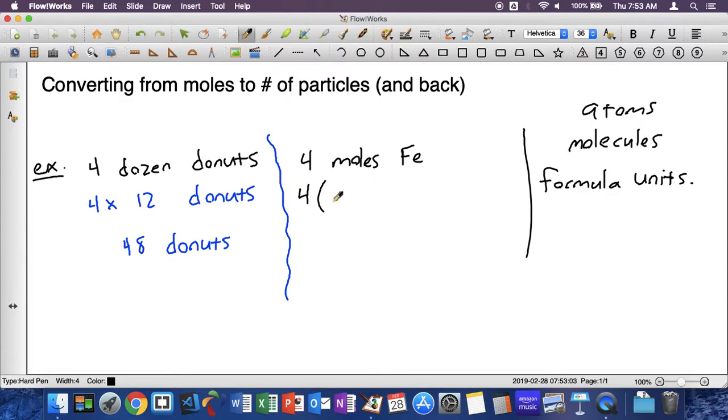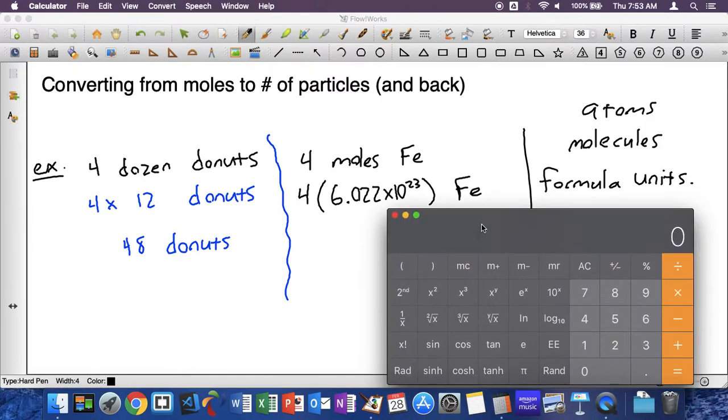We would take 4 times the number for a mole, which is 6.022 times 10 to the 23rd. This is Avogadro's number. And once we punch that into our calculator, that'll give us how many atoms of iron we need.